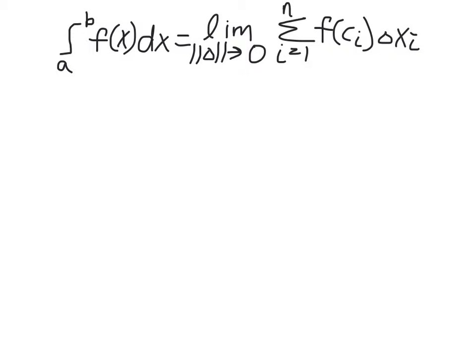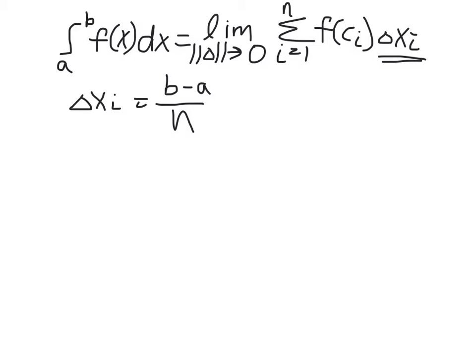And some other details, but basically your delta x sub i, we said the widths could be different values, but we're going to want to keep it as simple as possible, so we can make all delta x sub i the b minus a over n. Okay.